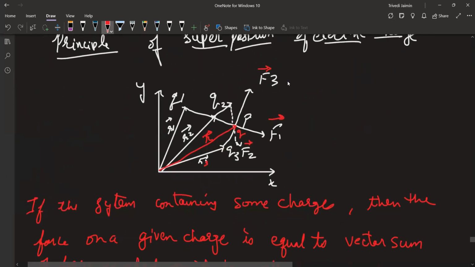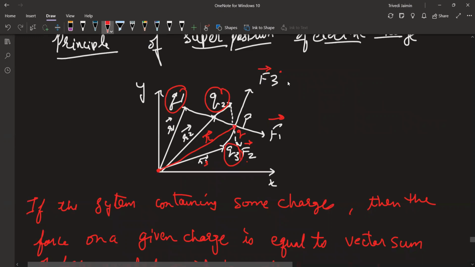Force on Q1 is F1, force on Q2 is F2, force on Q3 is F3. The distance from origin to Q1 is R1, to Q2 is R2, to Q3 is R3. Positional vector.